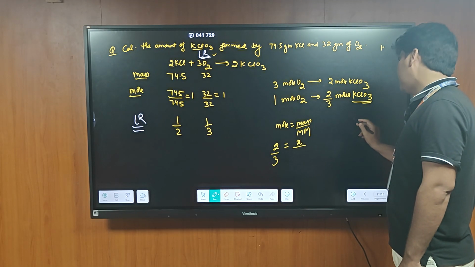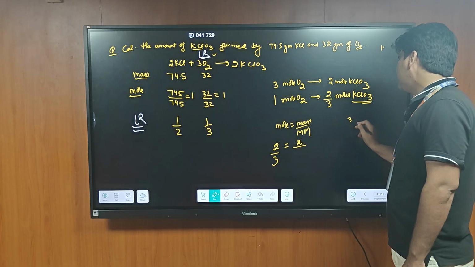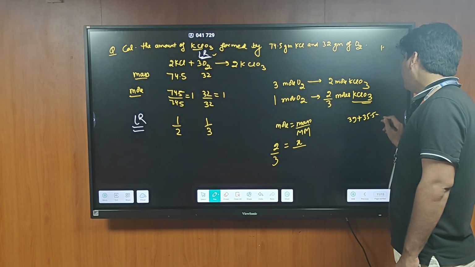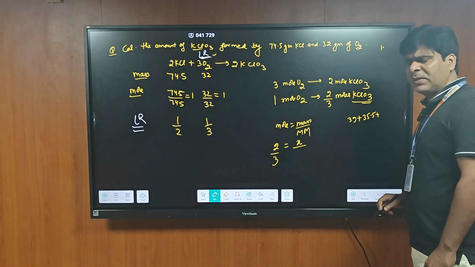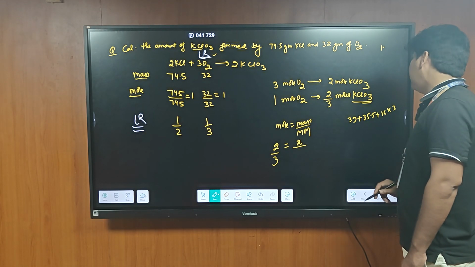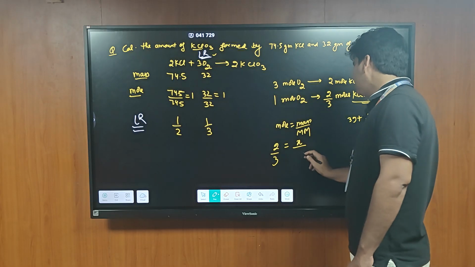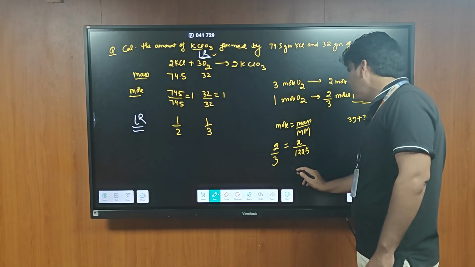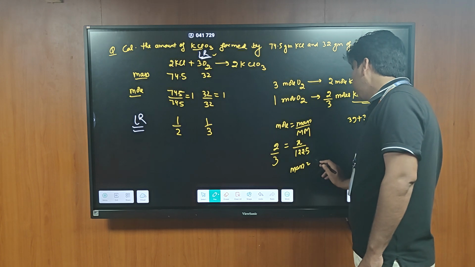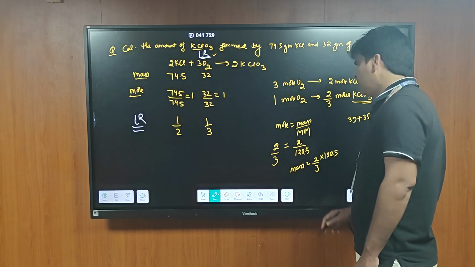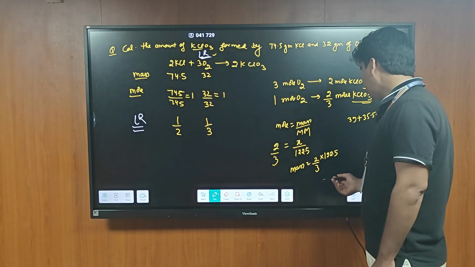The atomic mass of potassium is 39, chlorine is 35.5, and oxygen is 16 with 3 atoms, so 3 times 16. After calculation the total is 122.5. Then the mass will be 2 by 3 into 122.5.